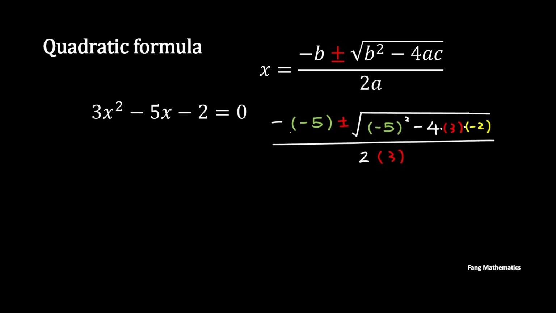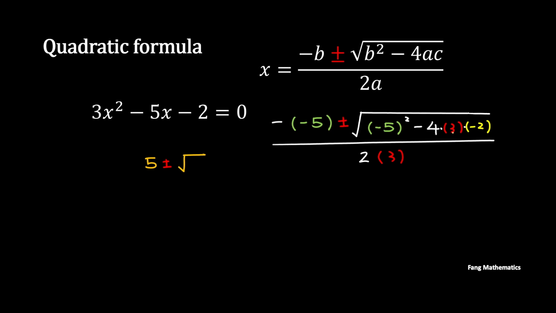Let's try to simplify. -5 gives you 5, plus or minus, and you're required to simplify inside the square root. So -5 in parentheses squared, that is 25, minus 4 times 3 times -2.